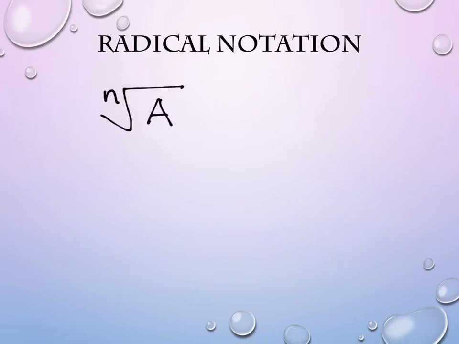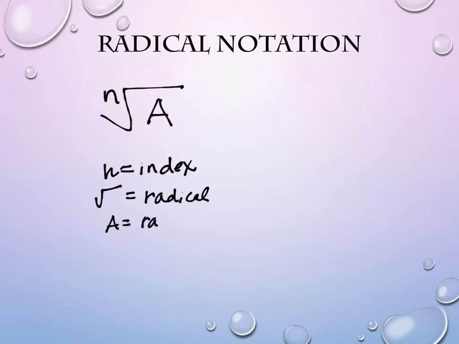There's a little n that's sort of inside of the radical corner right there. That n is called the index. Of course, the square root that we've been using is actually generally called a radical. And the value that's underneath it is actually got a name too. It's called a radicand.